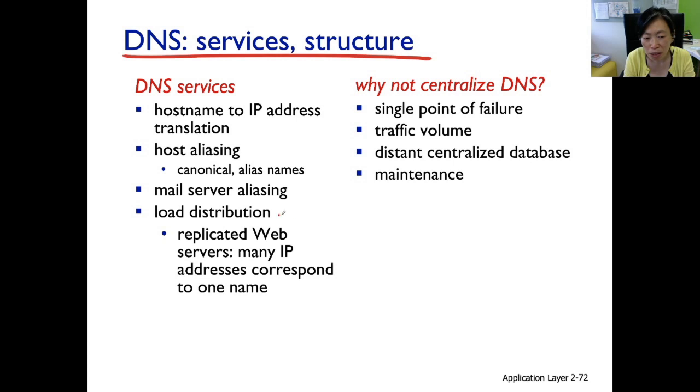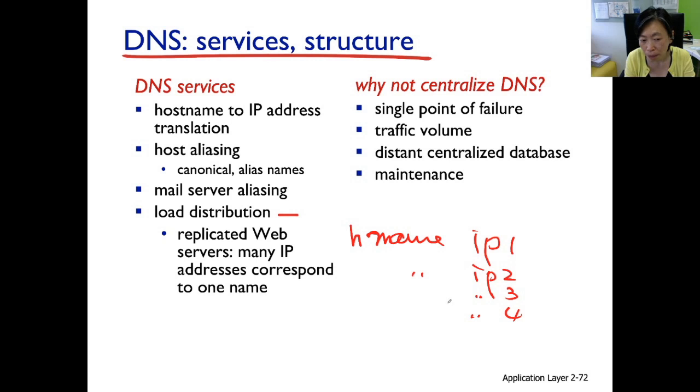Last, this one is a bit tricky, but it's growing in popularity. It's called the load distribution service. What it does is this: for a host name, there could be multiple IPs that map to it. So IP1, and then the same host name, IP2, IP3, IP4, and so on.